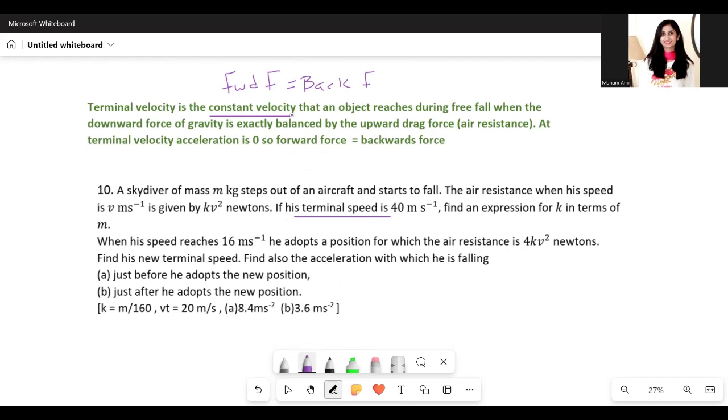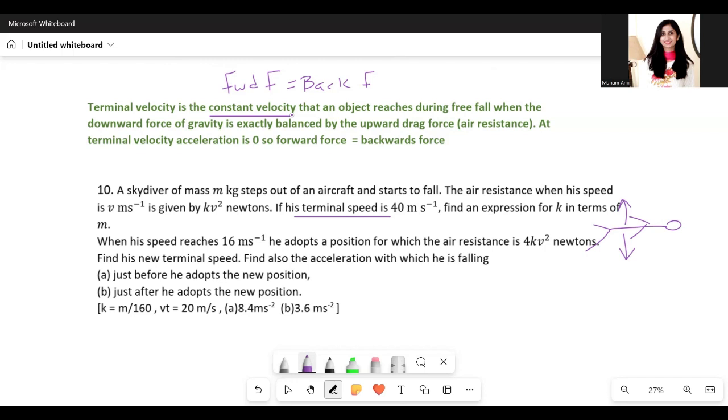So at a certain point or at a certain body position, let's say this is a skydiver, the upward force and the downward force on the diver become equal. The velocity at this stage is called the terminal velocity or the terminal speed.